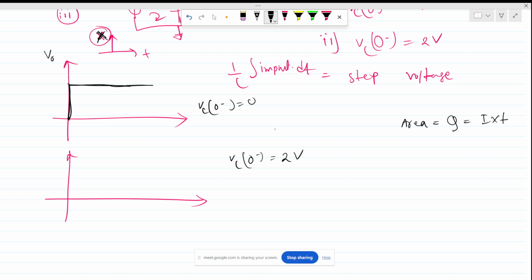Now mathematically, if we look into this problem, I want to calculate this voltage, let's say v1.